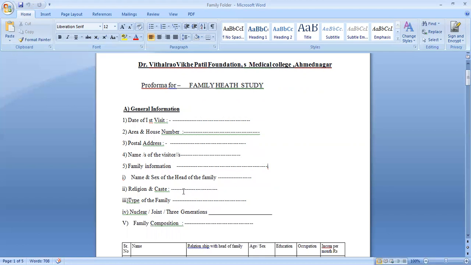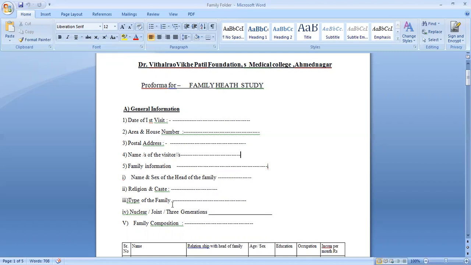Now, the name and sex of the head of the family is to be mentioned here, and this may be male or female, whosoever is heading the family. You have to record here the name of the person, and in front of it, you have to write the sex of the person, whether he is a male or she is a female.